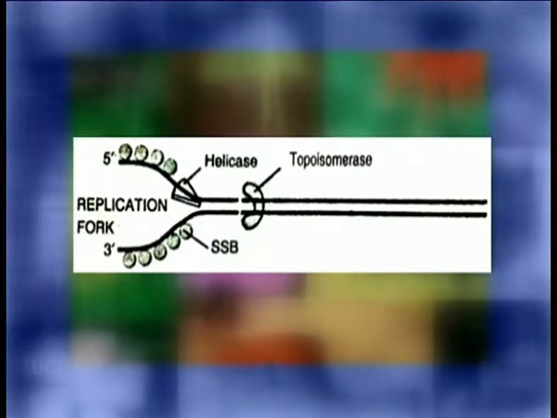Single-strand binding proteins, also called SSB, maintain the separation of strands and allow them to serve as templates. SSB proteins also stabilize the unwound region, and at this stage a replication fork is evident.